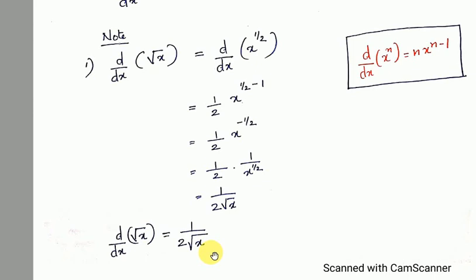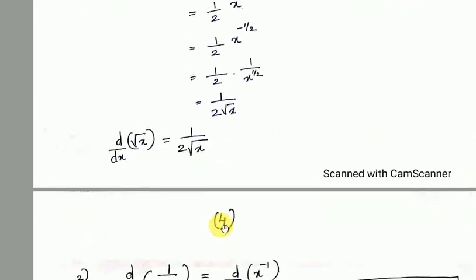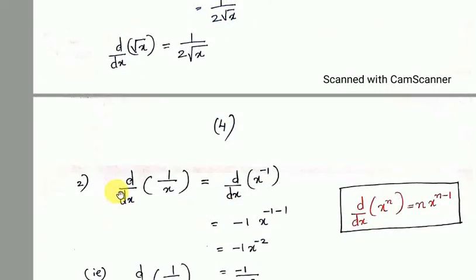In the problem we can apply this derivative of root x, which is 1 by 2 root x. Then what is the derivative of 1 by x? We can find it out. 1 by x can be written as x raised to minus 1. By the laws of exponents, 1 by x raised to m equal x raised to minus m. Likewise 1 by x equal x raised to minus 1.